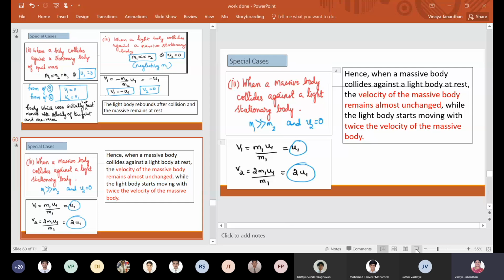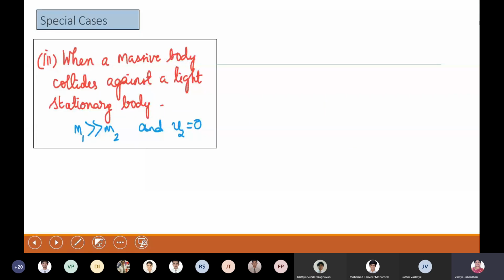Okay, when a massive body collides against a light stationary body.